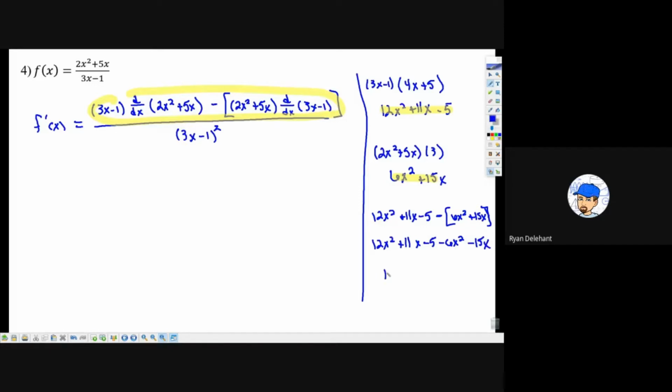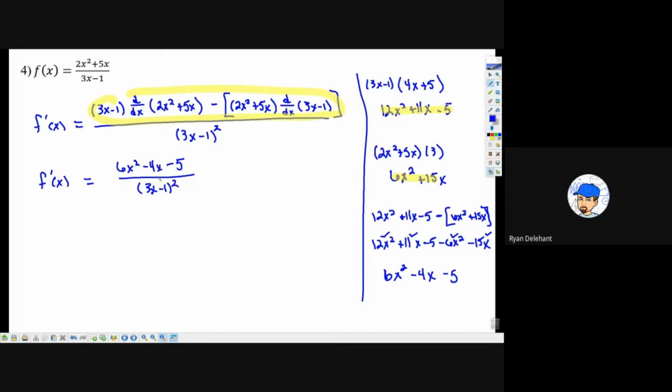So this turns into 6x squared, and we're going to have 11x and 15, so that's going to be minus 4x, and now we get negative 5. So through all that work off the side, the numerator of this thing turns into 6x squared minus 4x minus 5, and we're going to have it divided by 3x minus 1 squared.